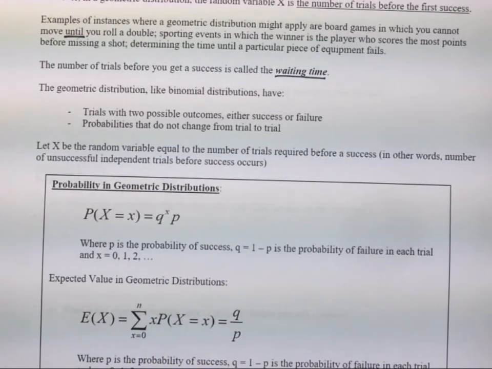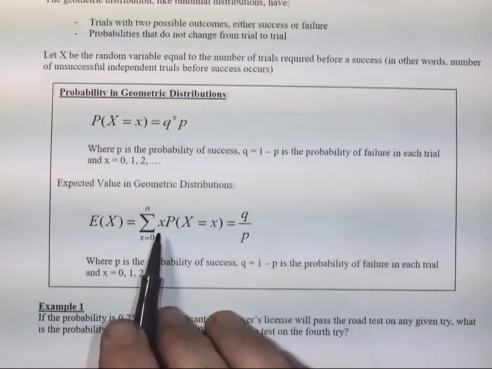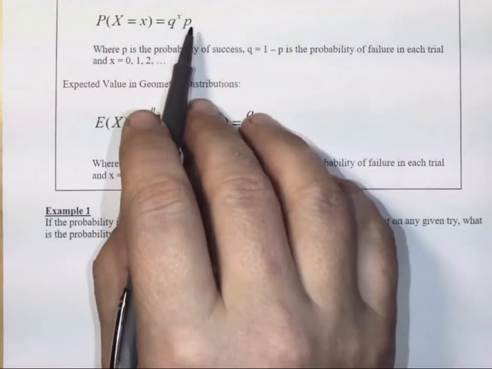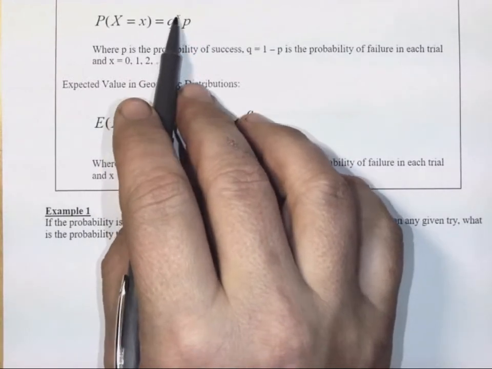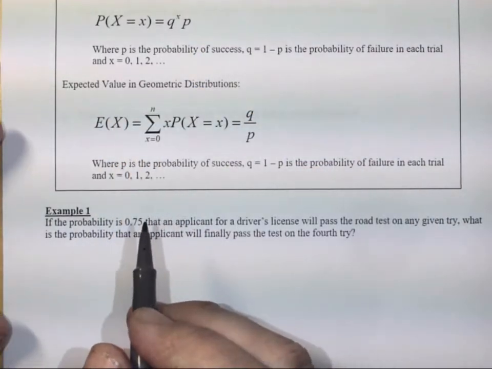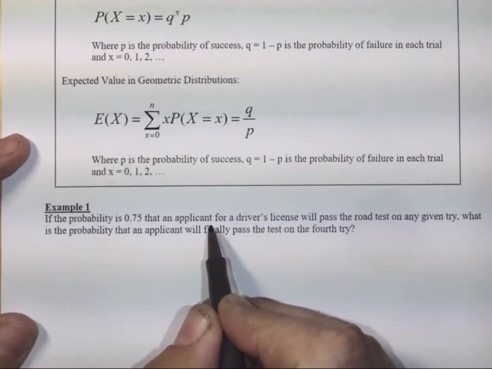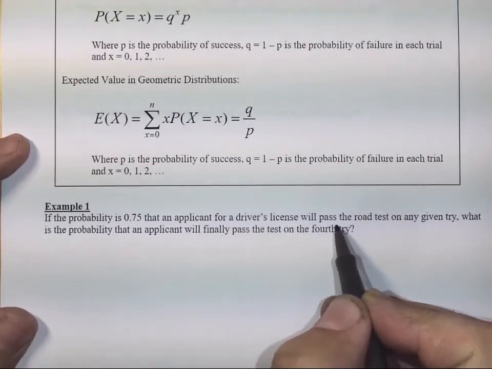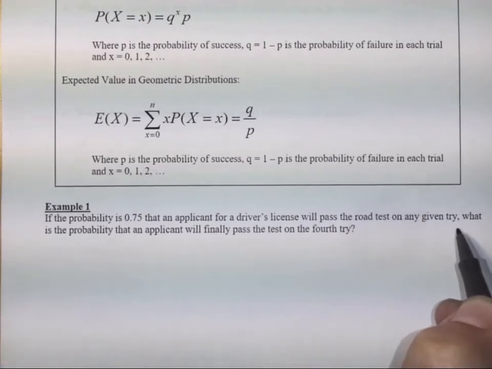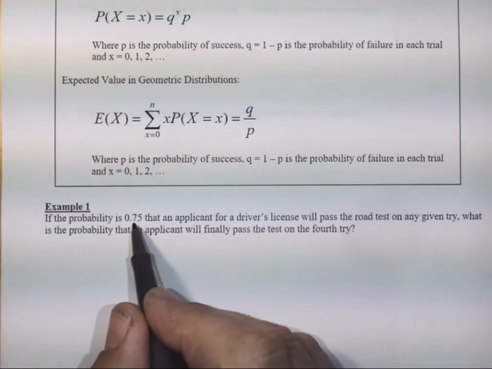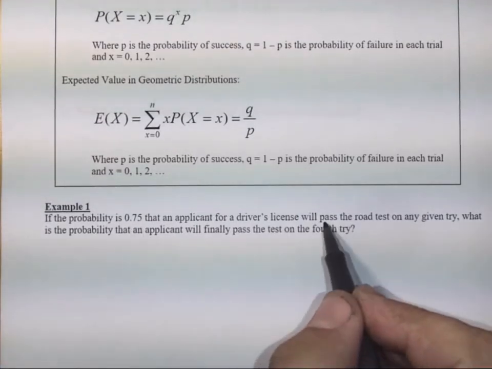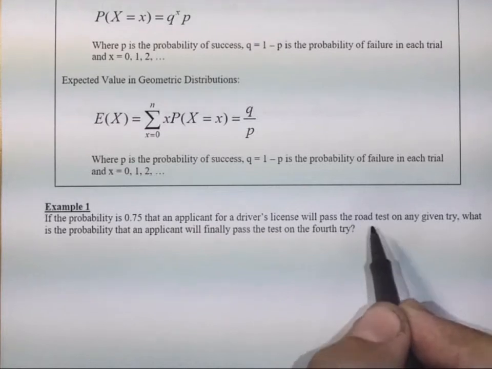And if that's the case, then let's try example 1. I'm going to come back to this other formula down here in just a second, but let's try out this formula here, q to the x times p, and why it makes sense. If the probability is 0.75 that an applicant for a driver's license will pass the road test on any given try, so it looks like they've got a 75% chance of passing the road test.